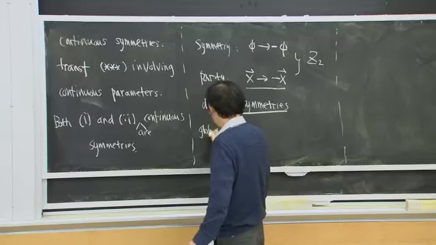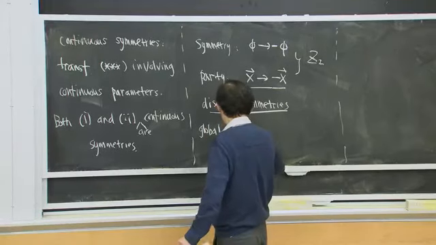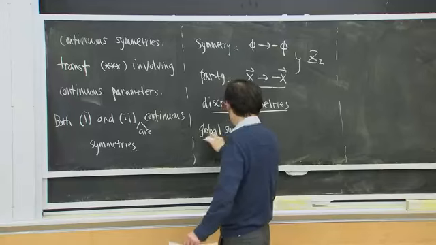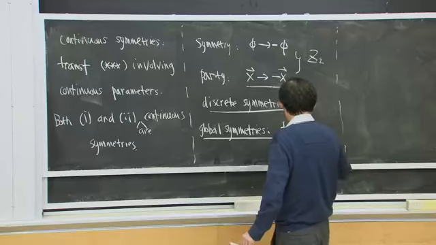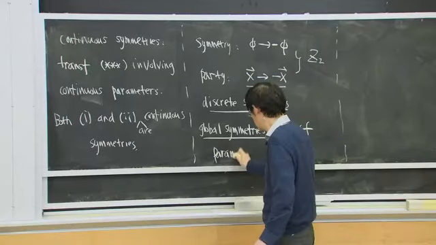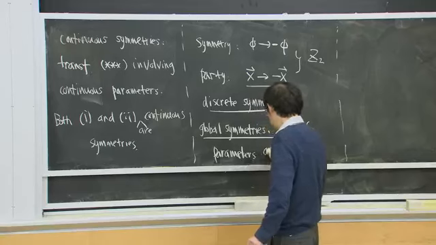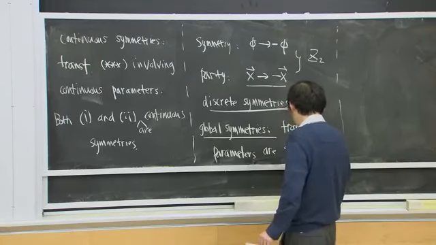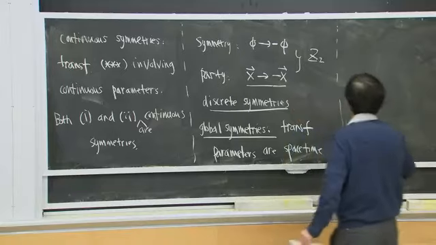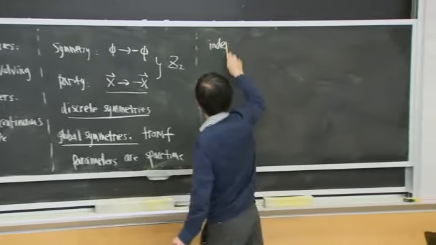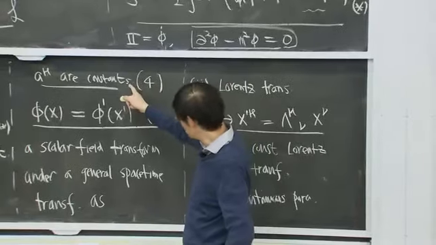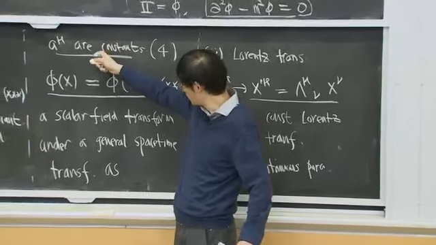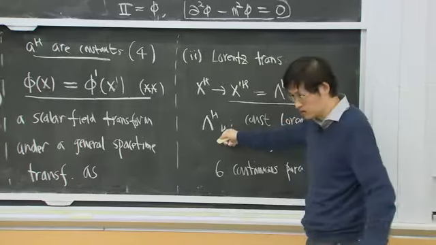So there are global symmetries, corresponding to the transformation parameters being space-time independent. Okay, so both of these are examples of global symmetries because they are just constant. They don't depend on space-time, mu and lambda don't depend on space-time.